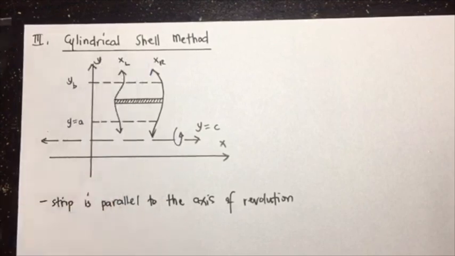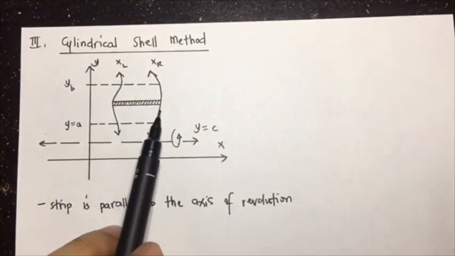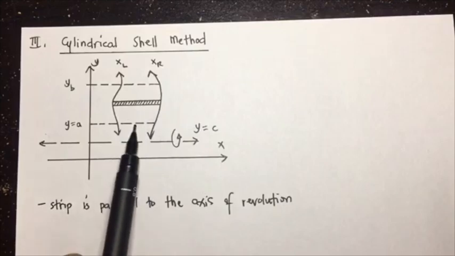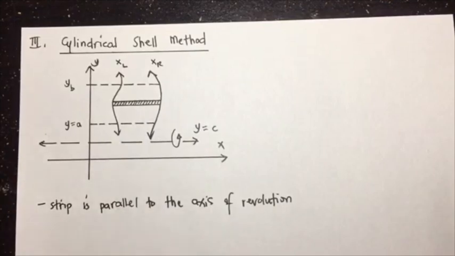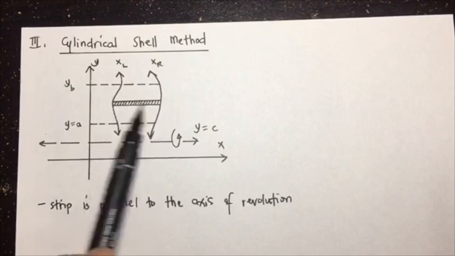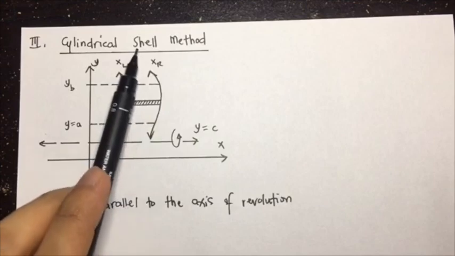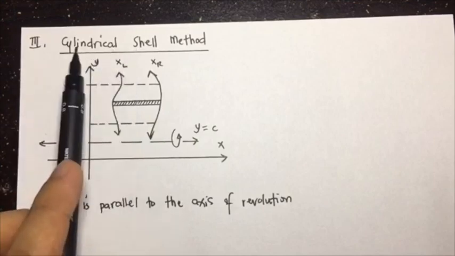Sorry, that was a hollow cylinder. Meaning it's hollow, and then it's thin. It's like a shell, so that's why it's called a cylindrical shell.